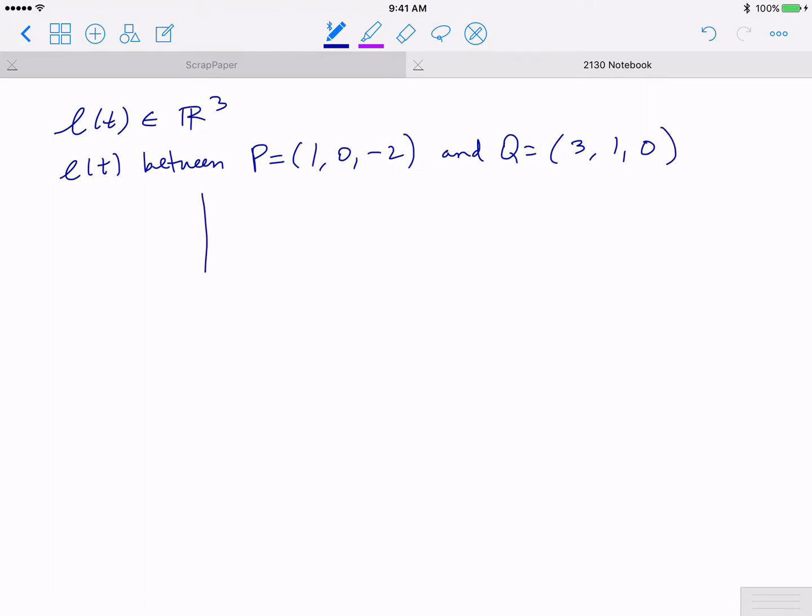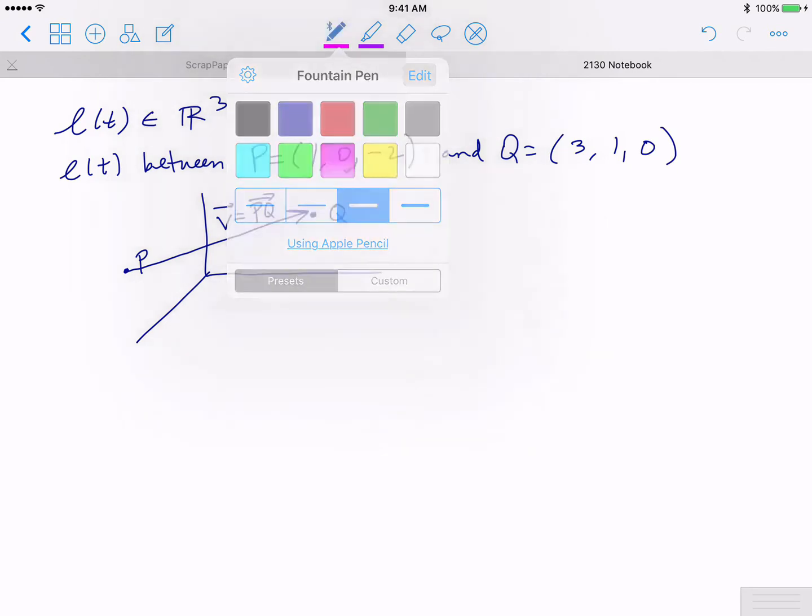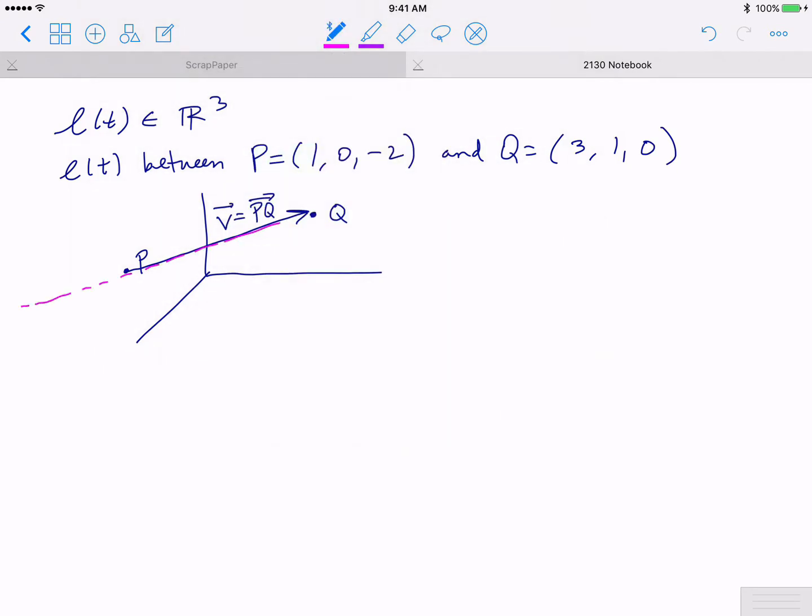Okay. So what we have here, just a general sketch, is 2 points in 3-dimensional space. First, I would like to find the direction vector of this line. We'll call this v, which we know is going to be the vector from p to q. And then we would like to find a line that goes through one of these points, say p, and also goes through q, and we'd like to find the equation of this line.